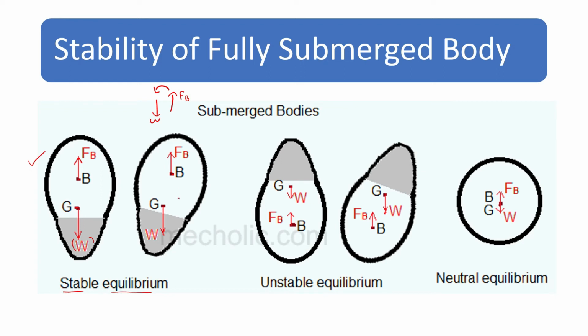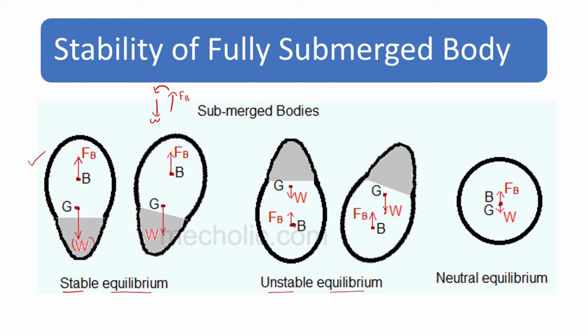That means the body is coming back to its initial position, so the body is stable. If the body is given a tilt towards the right, it will come back to its initial position. Similarly, if it is given a tilt towards the left, it will come back. So the condition is that the center of buoyancy should be above the center of gravity for a fully submerged body to remain stable.